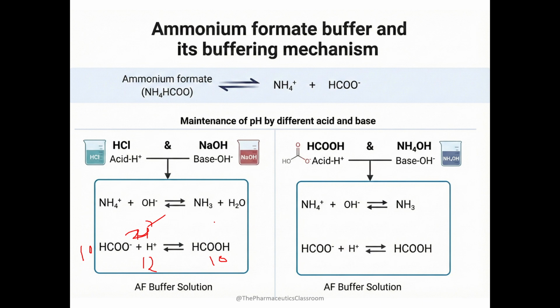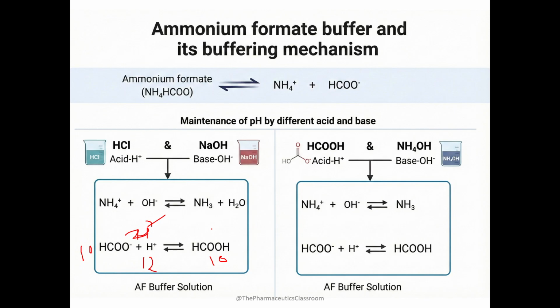That is why one term comes, called buffer strength. Whenever people are preparing mobile phase, they prepare different strengths of buffer, like 5 millimolar, 10 millimolar, 20 millimolar, 50 millimolar.